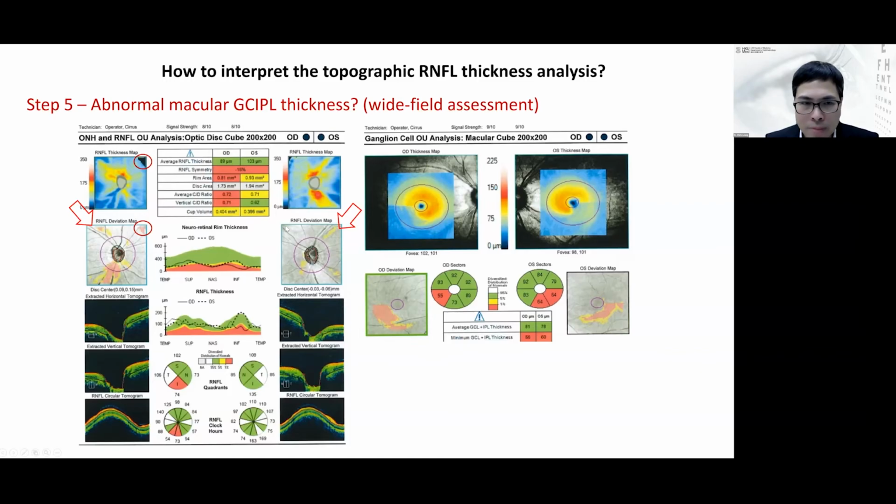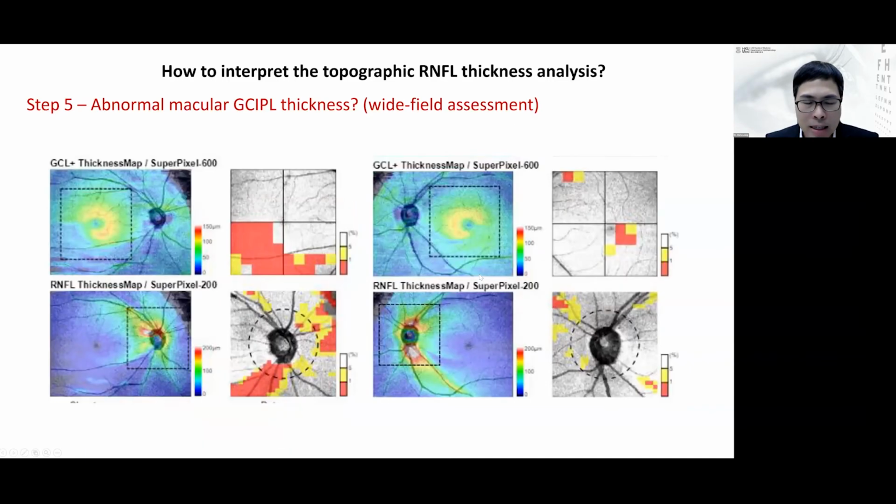So the deviation map over the GCIPL doesn't show any abnormalities, but when we use the wide-field scan, here is the 12 by 9 OCT scan imaging the retinal nerve fiber layer, you might actually get a better idea.